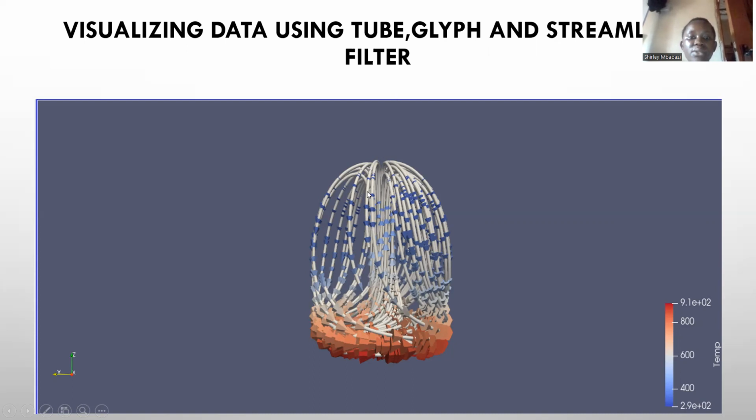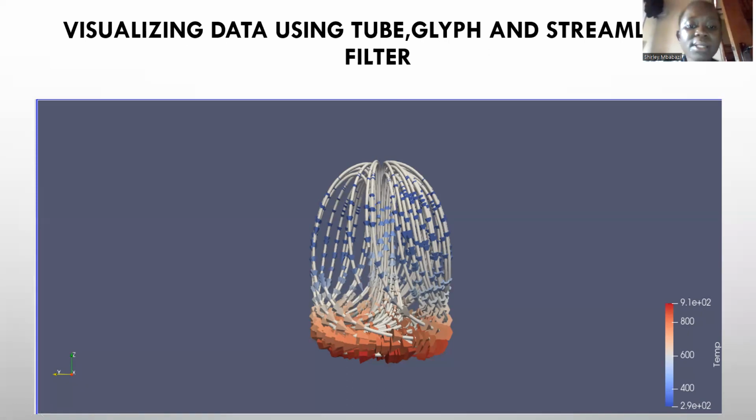So the streamline shows these streams, and then the tube filter helps us to make the streams look more visible, so that we can see where exactly they are passing. And then the glyph filter helps us to show the direction of airflow, and to also help us understand where the pressure and temperature are high.